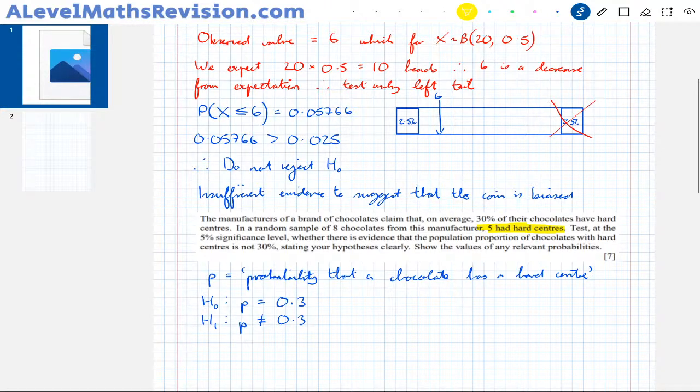And our observed data was 5 had hard centers. So the binomial distribution we're going to use, there were 8 chocolates, and we're testing the assumption that it's 30% or 0.3.